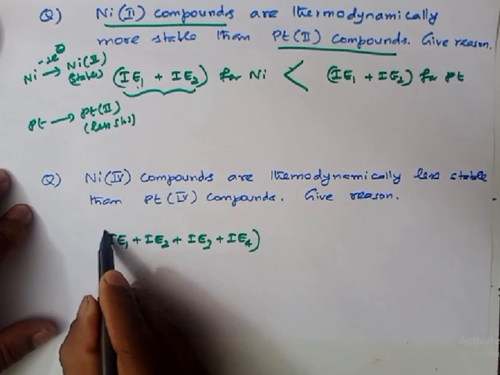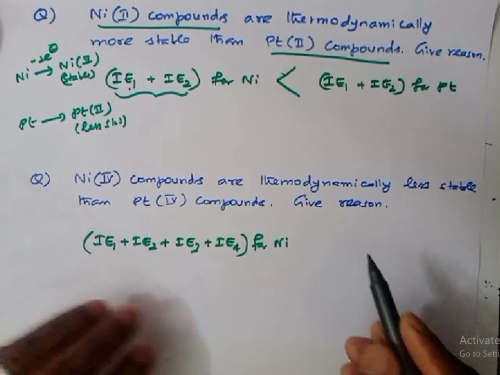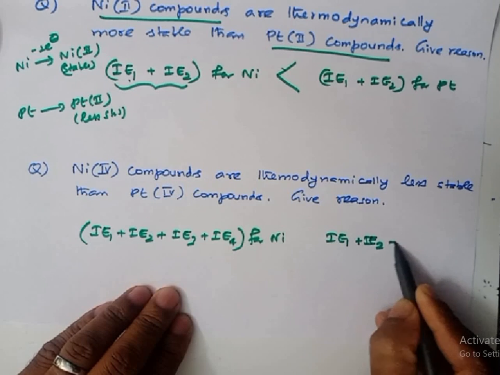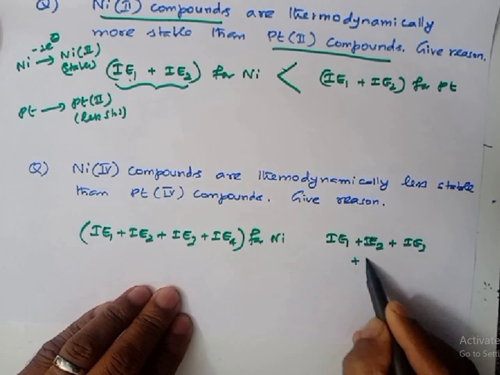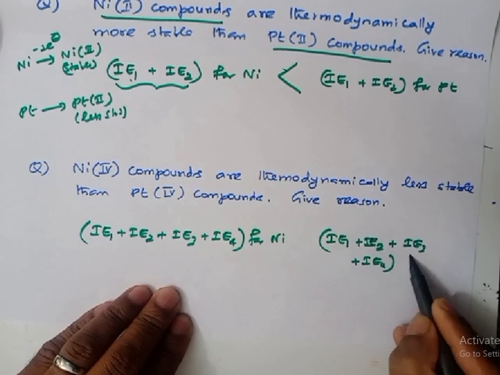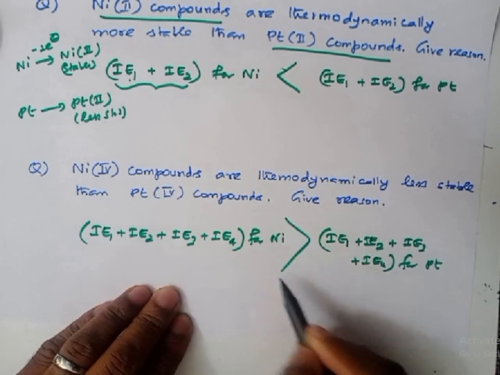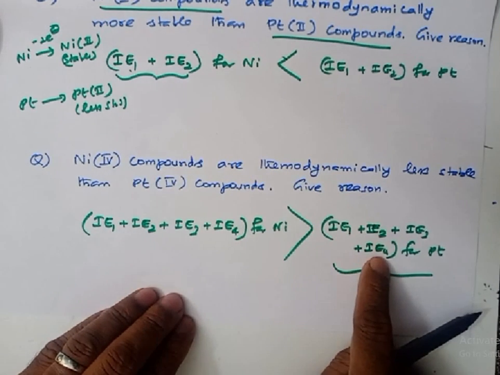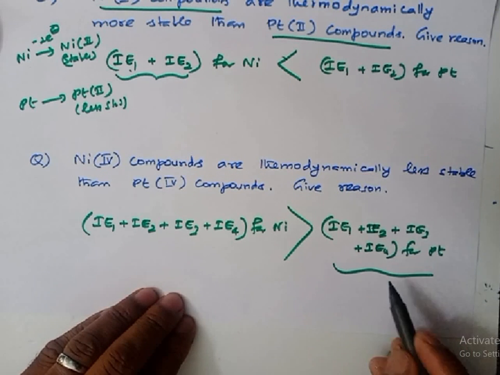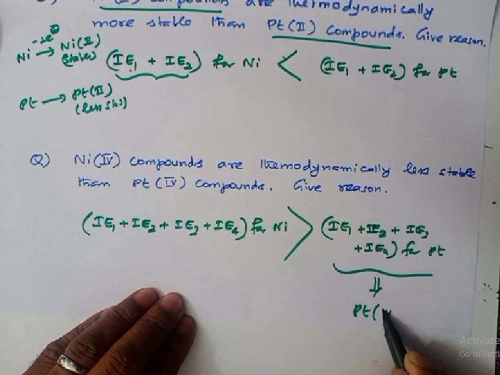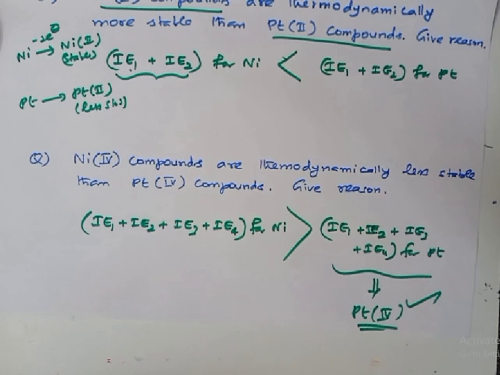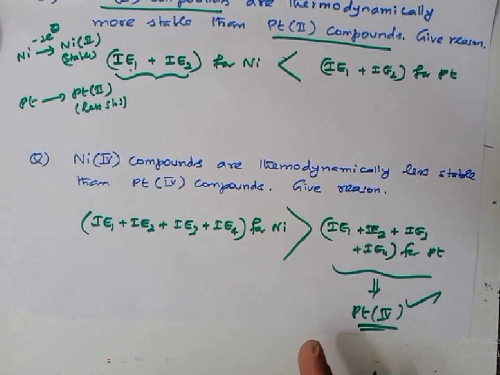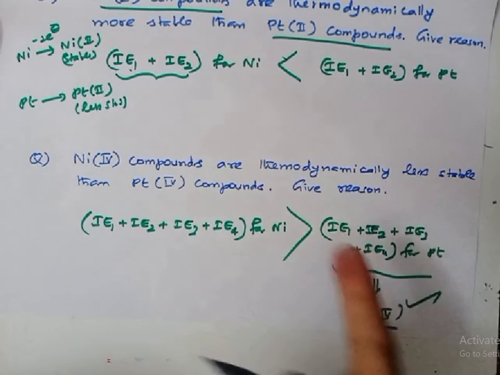If you add all the energies for nickel, and remove electrons from platinum in a similar manner, the sum for platinum is low. The sum of these 4 ionization energies is low for platinum. Therefore platinum(IV) compounds are very easy to form, so platinum(IV) compounds are generally stable. We are giving the explanation based on ionization energy.